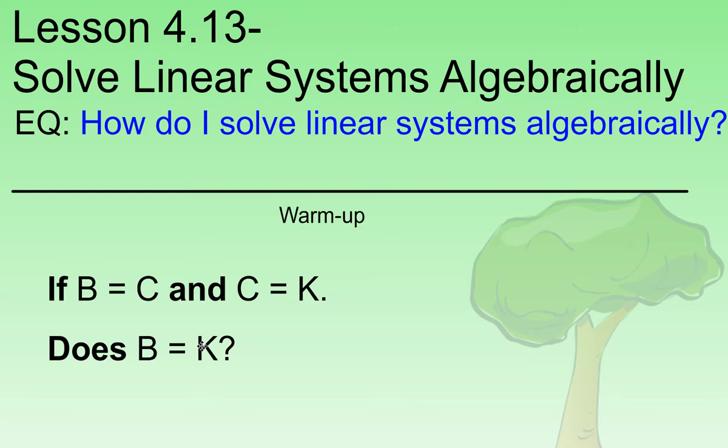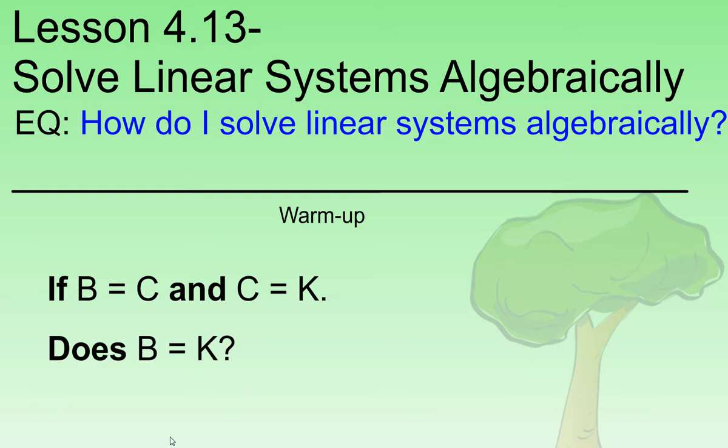Now, for the warm-up down here, it says, if B equals C and C equals K, does B equal K? You think of these as some random variables. What do you think? The answer is yes.